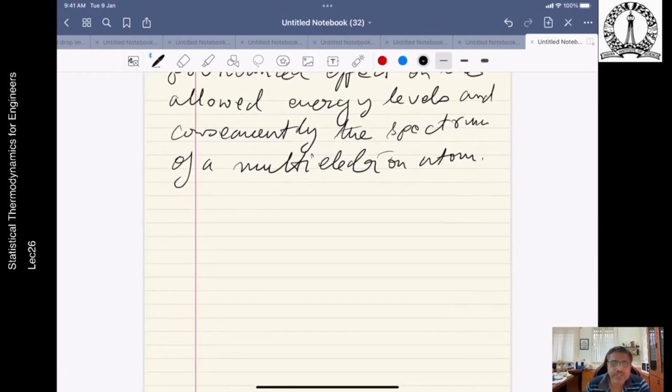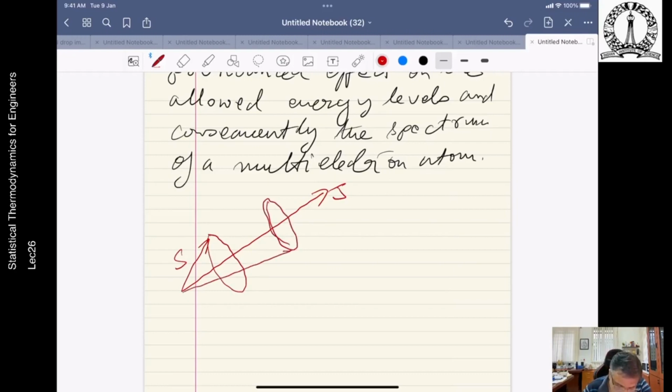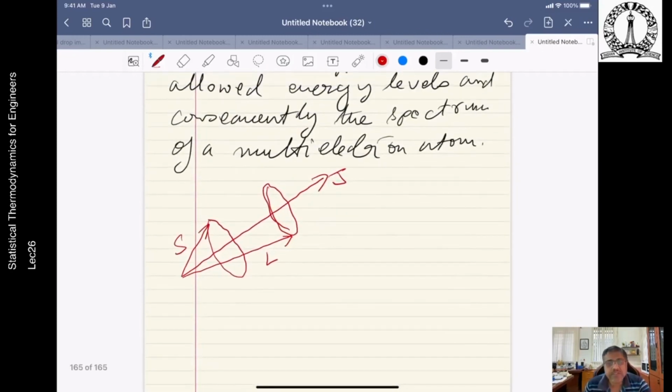So if you look at the Russell-Saunders coupling, let me draw it like this. This is J, this is L, and this is S. This is the vector model for Russell-Saunders coupling.